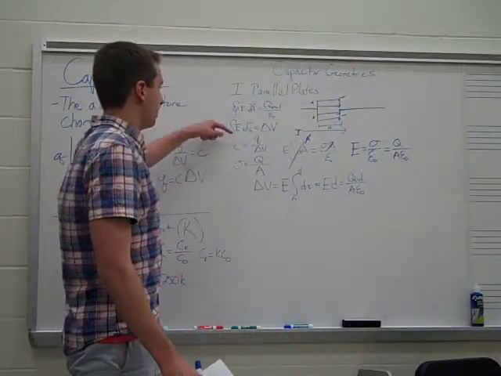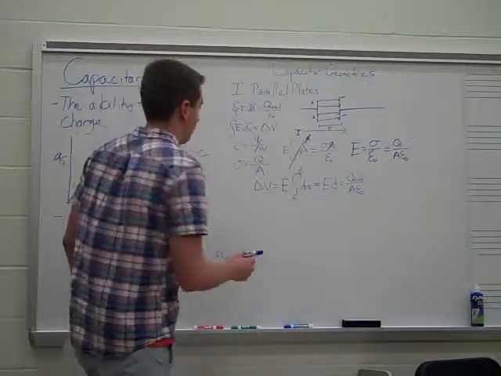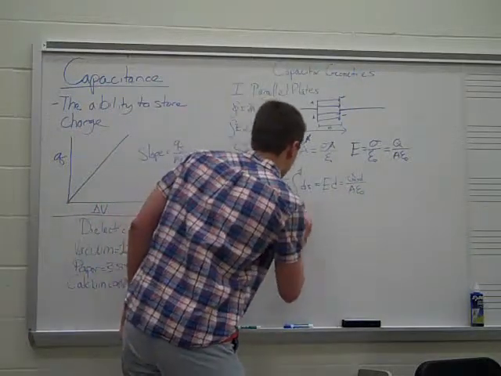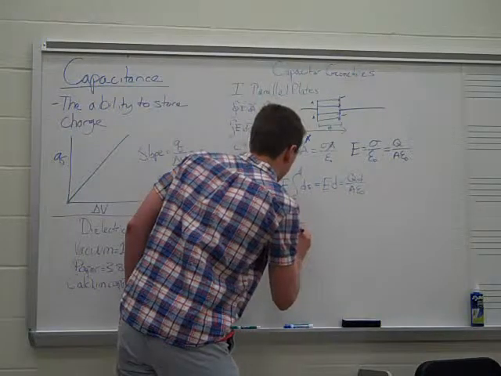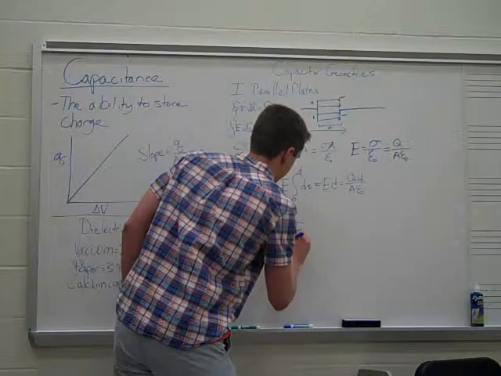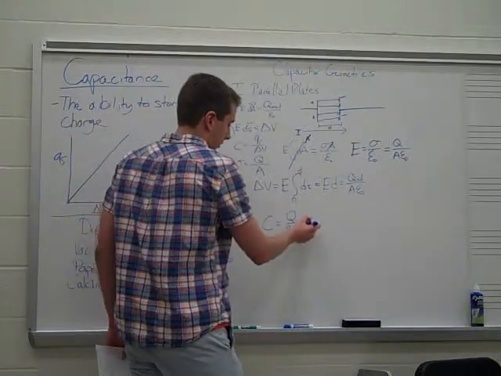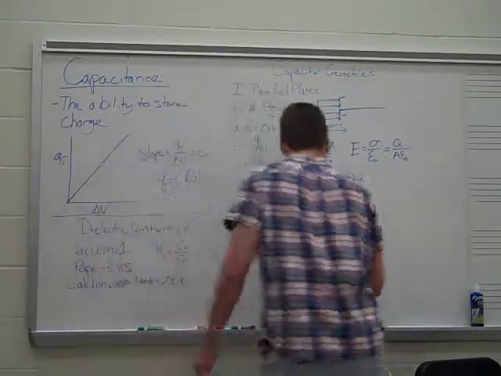We can just plug that in to get the capacitance. So we get C equals Q over Q D over A epsilon naught. Since we know math, this thing's going to go on top and this is going to stay as a denominator.